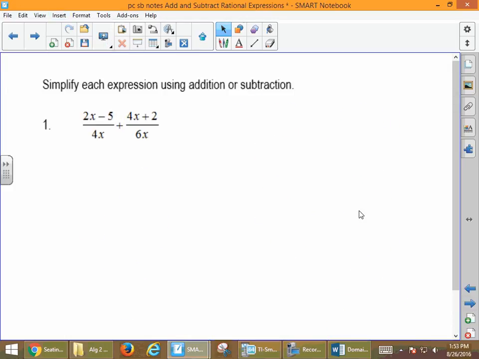So now that we've seen a couple of very simple, and I use that term loosely, examples, let's try another one. And again, what we're trying to do is find the least common denominator if we can. Again, we can always multiply 4x times 6x to find a common denominator.